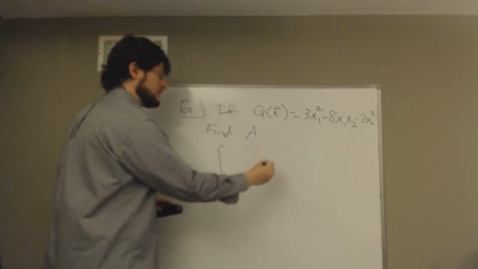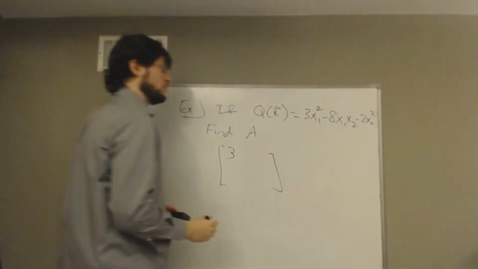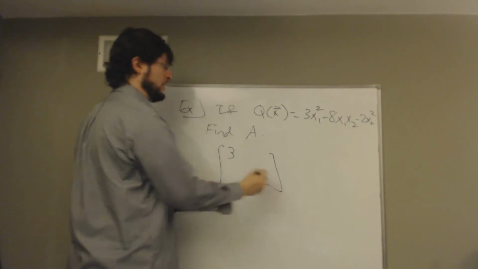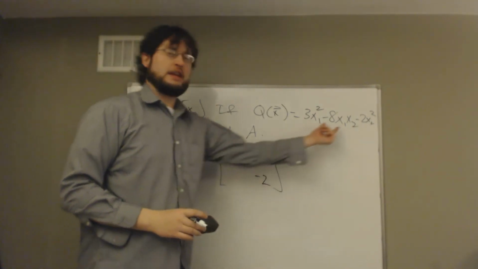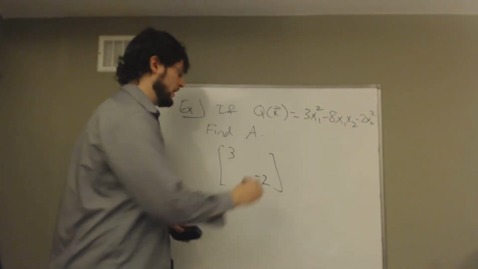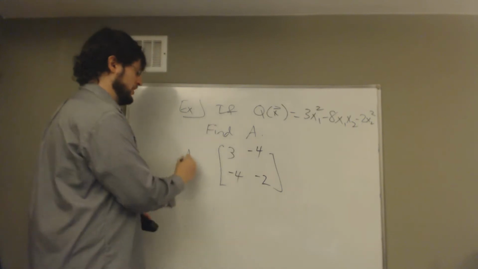Well, the symmetric matrix, just as before, our diagonal entries are going to correspond to the squared terms, 3 and minus 2. The -8 has to come from a -4 and a -4 to make this symmetric. And so this is our matrix A.